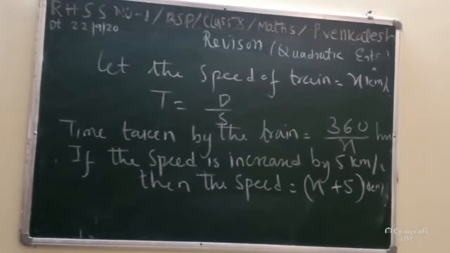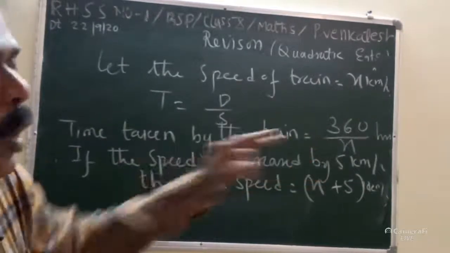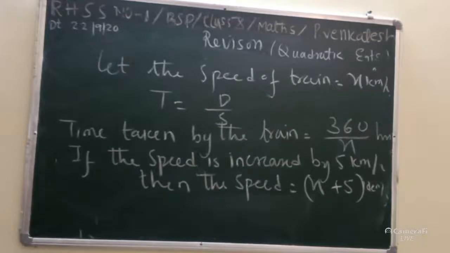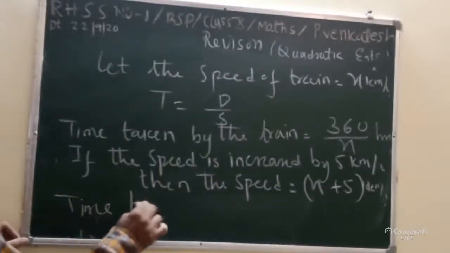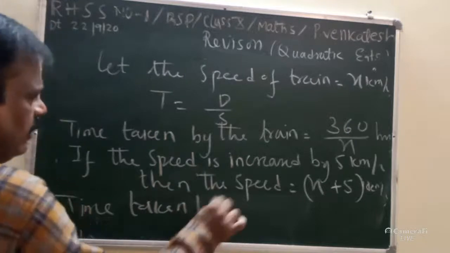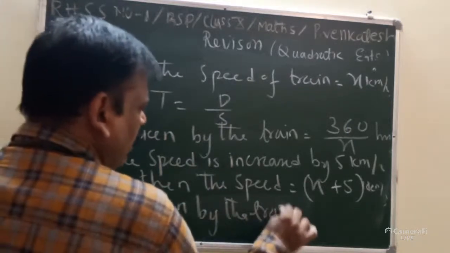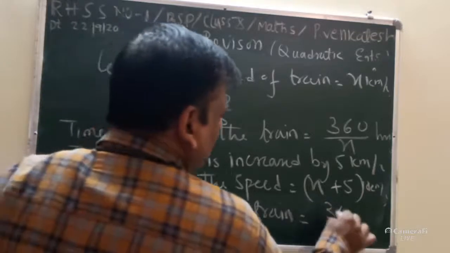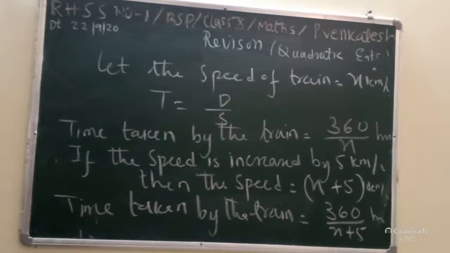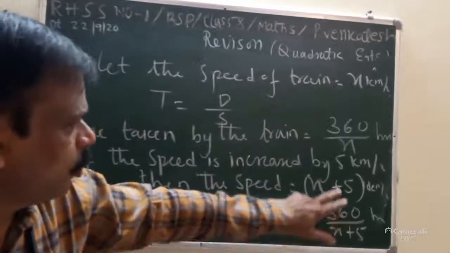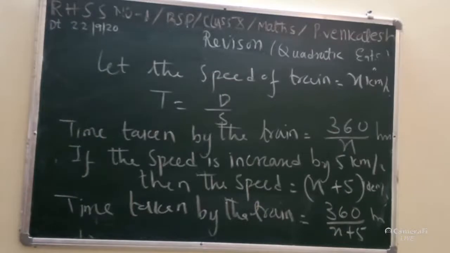Distance is given, 360 kilometers, upon the speed x, so 360 by x hours. Now if the speed is increased by 5 kilometers, the speed equals x plus 5. Now the time taken by that train equals 360 upon x plus 5 hours.